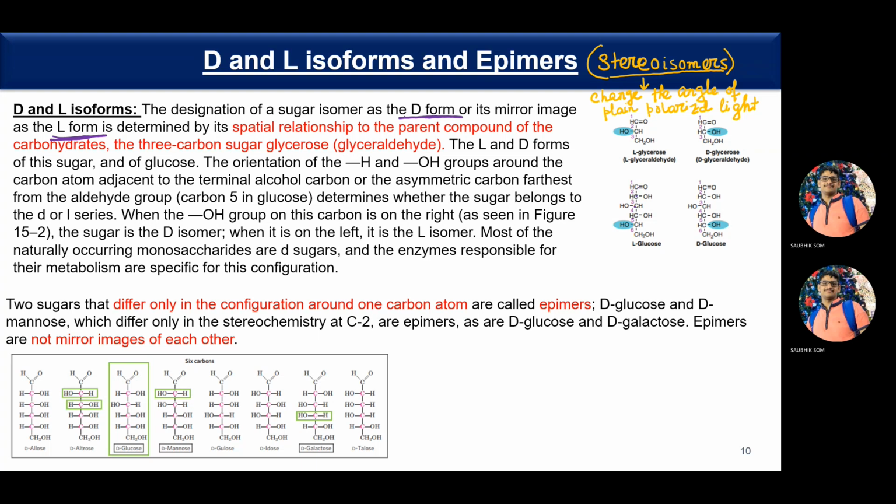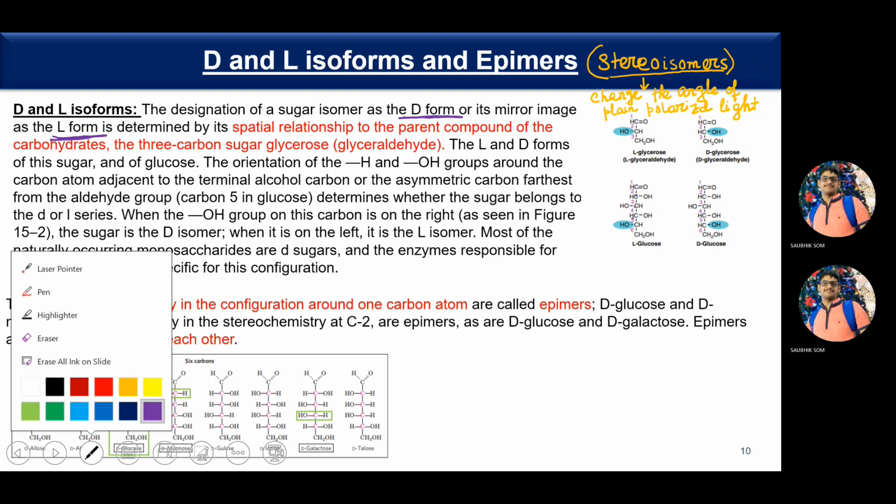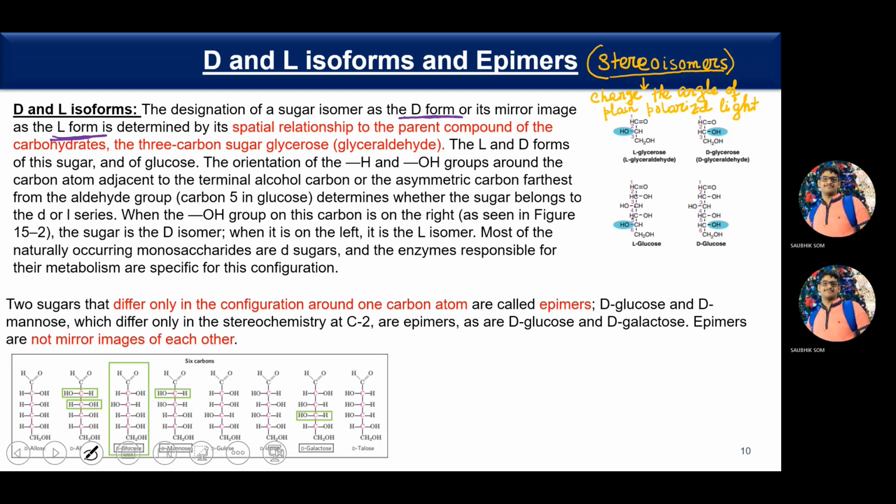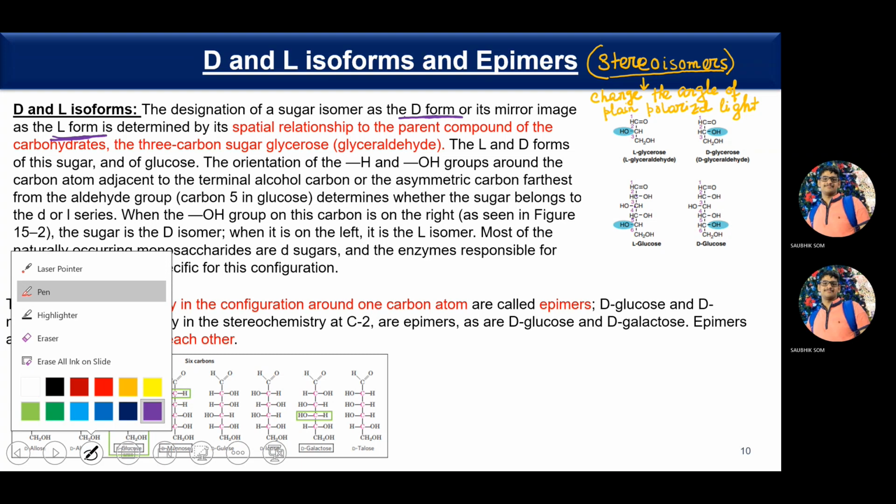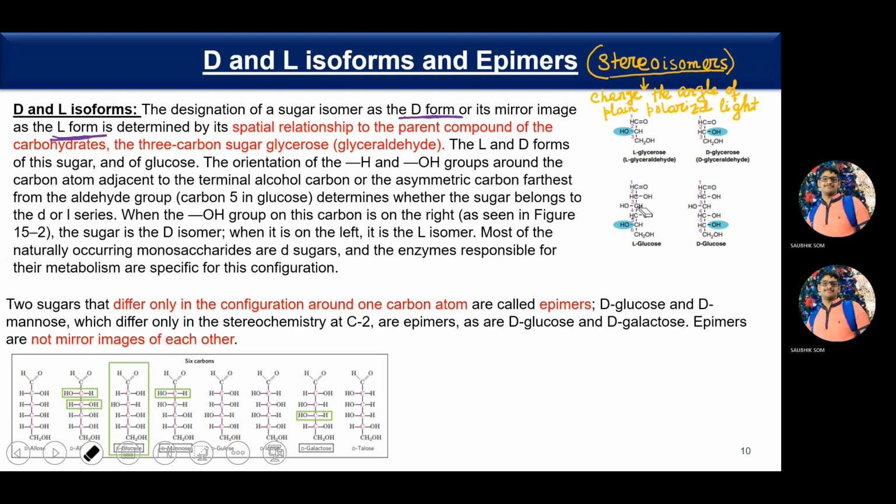Now how do you say which chiral carbon we should use for determining a D or L isoform? Now here is the thing. It is determined by the relationship to the parent compound.